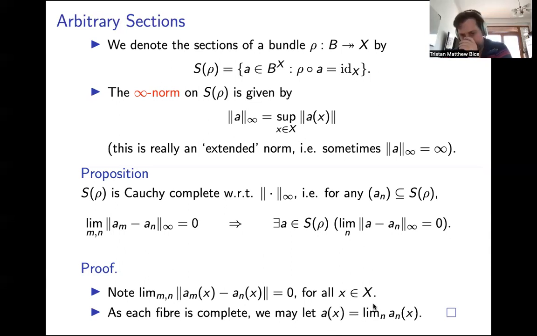There's no need to, I guess, yeah, I guess I am assuming that things are Hausdorff here. So maybe I haven't said this explicitly, but let's just assume, to make things easy, that the total space and the base space are always Hausdorff. The reason being that makes limits uniquely defined.